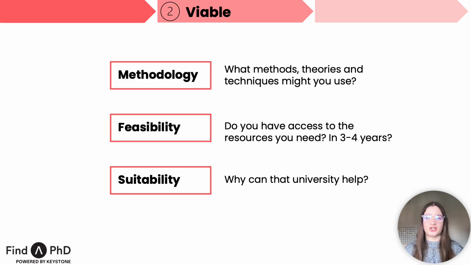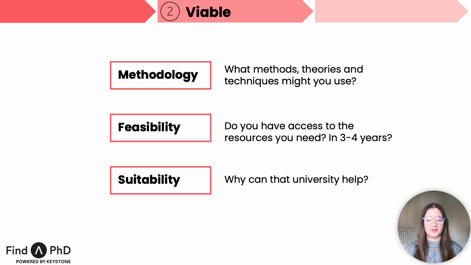The second part of showing your project has the potential to become a PhD is that it's viable. This is the logistics part. So, your methodology. You need to show that you understand your field by picking relevant methodologies. Are they feasible? Do you or your university have access to the resources you need?